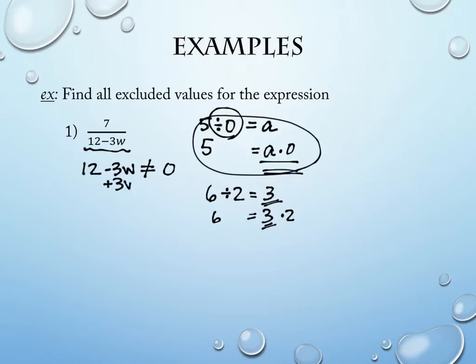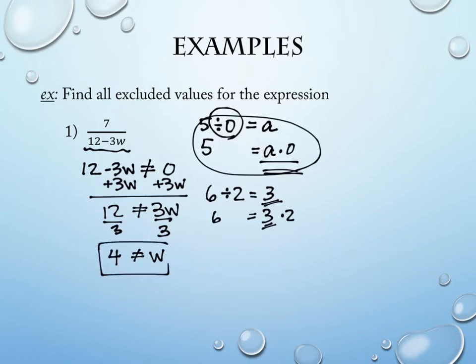So we're going to solve this. We'll add 3w to both sides. So 12 does not equal 3w. And then what would I do? Divide by 3. Yep. And 12 divided by 3 is 4.